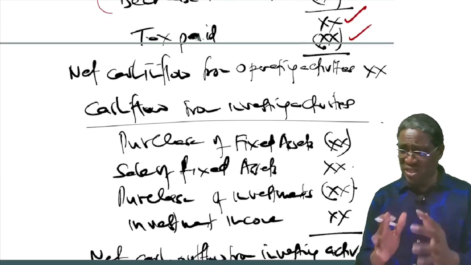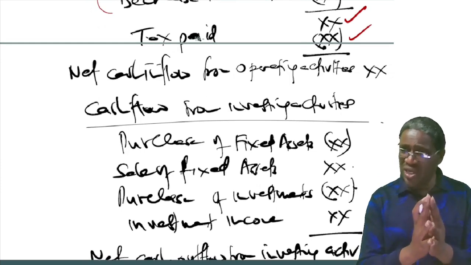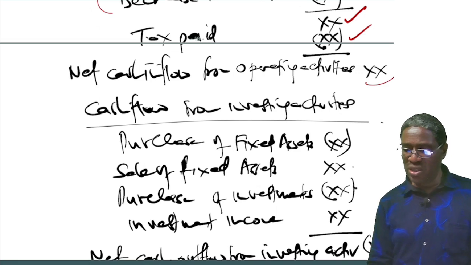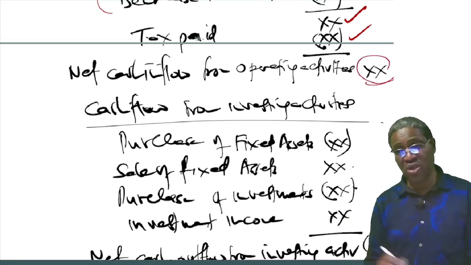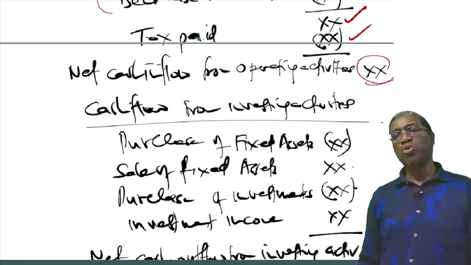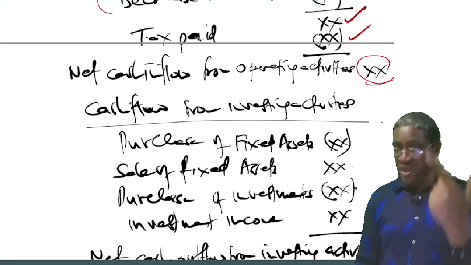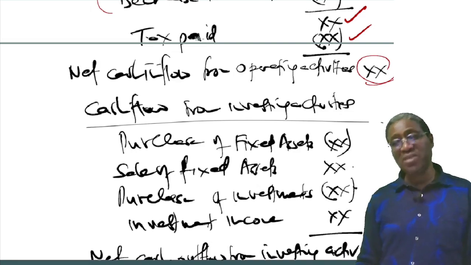Once you minus the tax paid, whatever figure you get, take it to the extreme. That is what we were calling the net cash inflow from operating activity. If it's a negative, you would call it net cash outflow from operating activities.